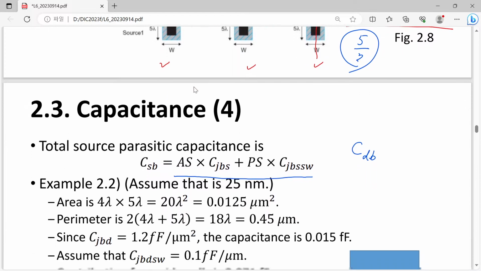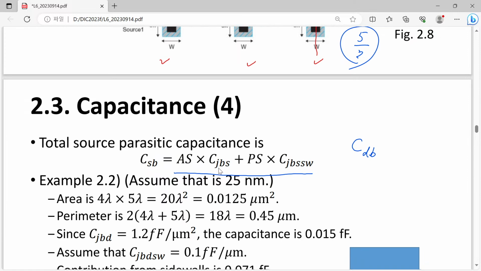It is quite understandable, but you know that the area dependence is given here. If you have twice wider, then twice wider area, then your capacitance will be doubled. That is described by this factor. However, here you have another term. And what is this PS?